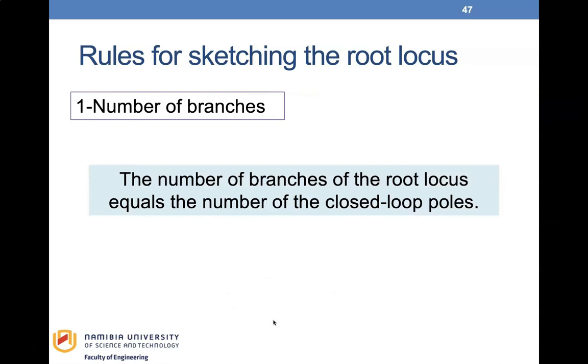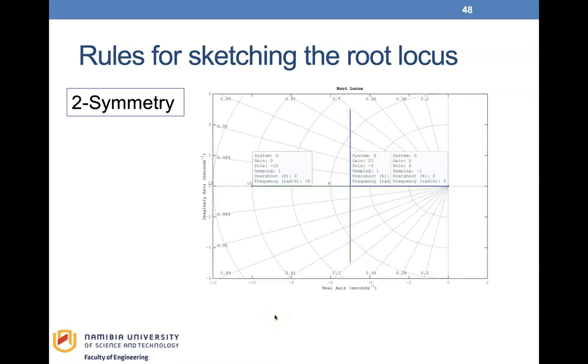In other words, the order of the characteristic equation yields the number of branches of the locus. Like we have seen, the second order system yielded 2 branches and the first order system had 1 branch. The next rule is that the root locus is symmetrical about the real axis.